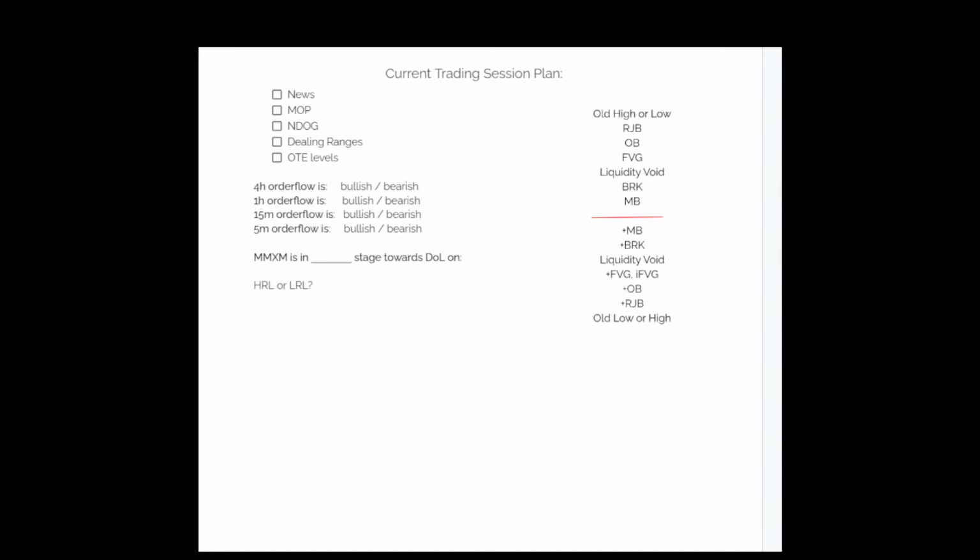We don't really have any BISIs over here until right now. So it'd be interesting to see how this brand new 4-hour candle closes. Are we going to keep this open and keep going up? Also, we now have relatively equal highs over here.